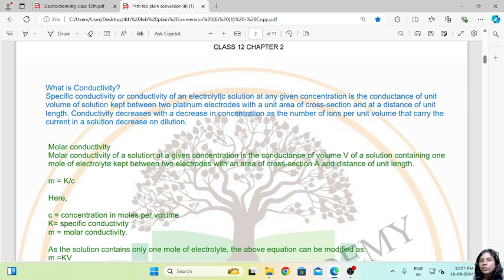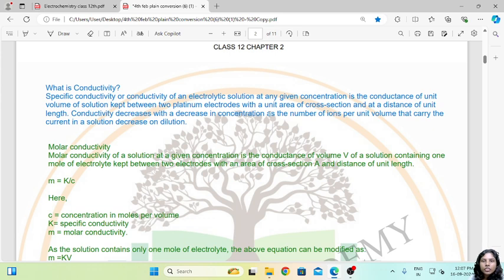Basically, to understand this, last class we discussed what conductivity is. Conductivity is the ability to conduct. It is directly proportional to the concentration of the given solution. So if the concentration of the solution increases, the conductivity will increase.